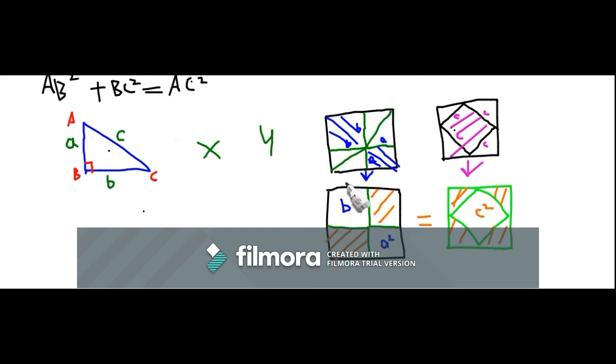From this figure we can also notice that if the shaded region is equal, then the unshaded region, that is a square, b square and c square, is also going to be equal. So from here we come to the fact that a square plus b square, that is the unshaded area, is equal to c square.